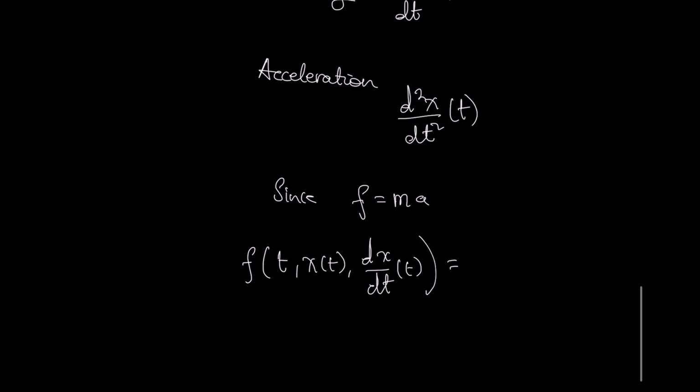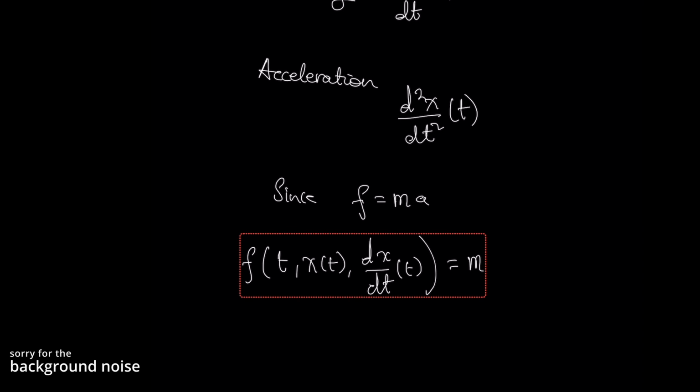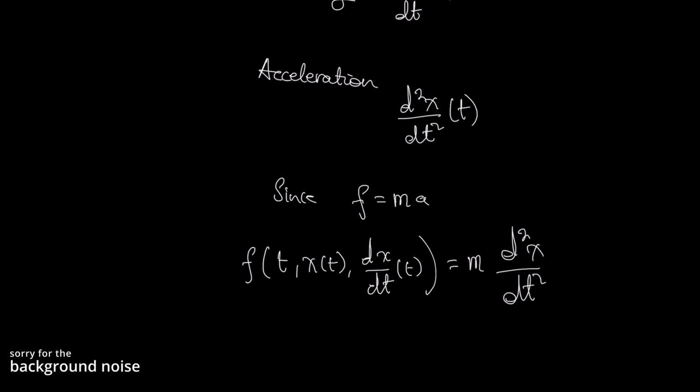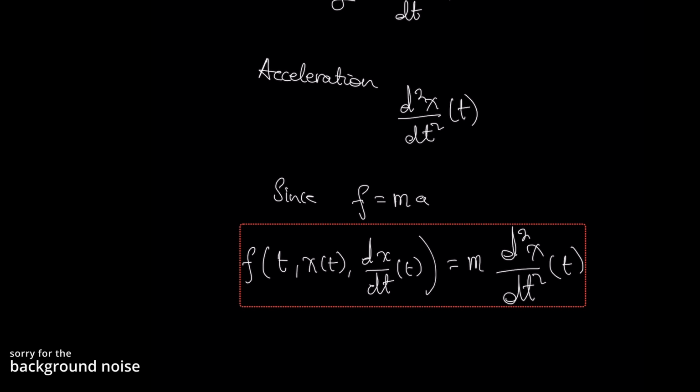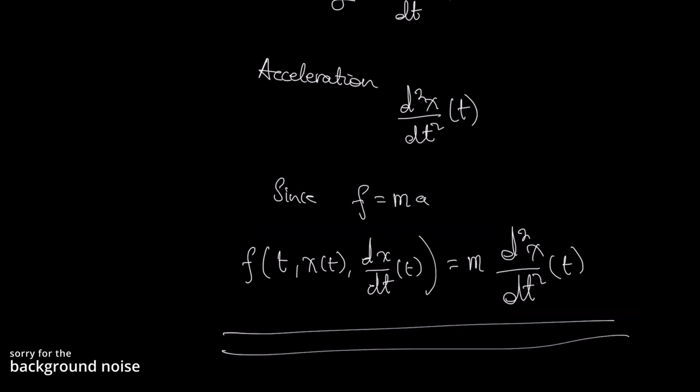Then this will be equal to mass, which is a constant and never changes, times the acceleration that we've seen above, that is d2x/dt squared, which is a function of time.